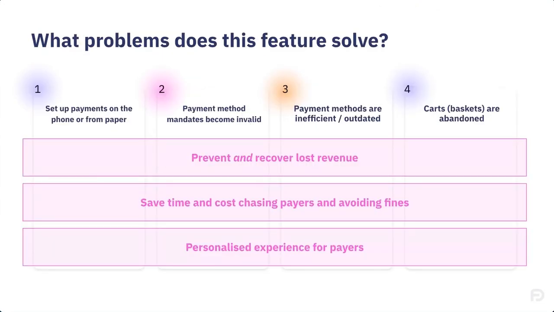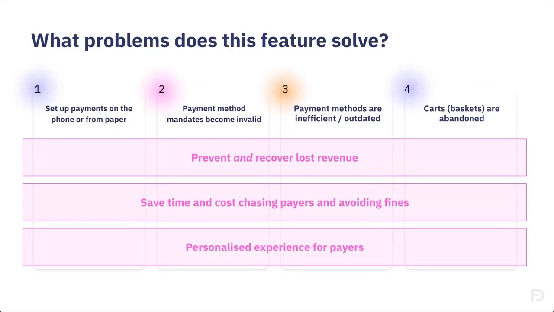So what problems does this solve? There's a couple different ways we see these components, but also our recurring pay links feature used. Well, we see them used to set up payments on the phone or on paper. We see them used a lot when payment method mandates become invalid. We'll talk a little bit more in detail about what that means.